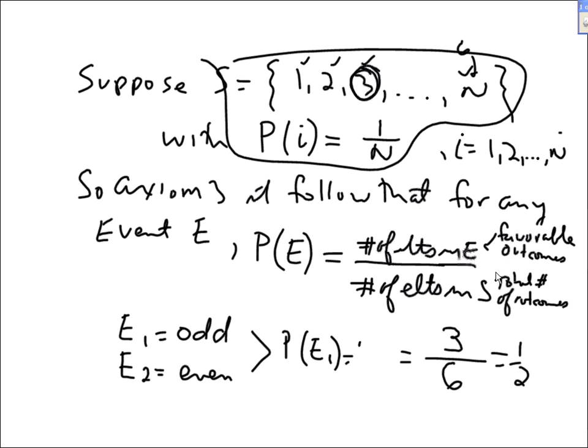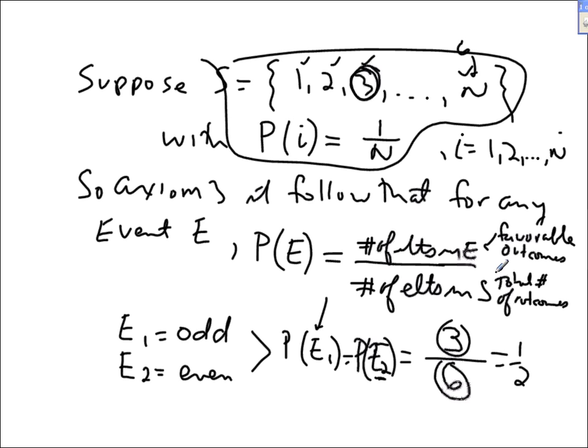But you know what? The probability of E2, probability of getting evens. If I said evens for this, I meant to say odds. The probability of getting evens, well, there's 3 out of 6.